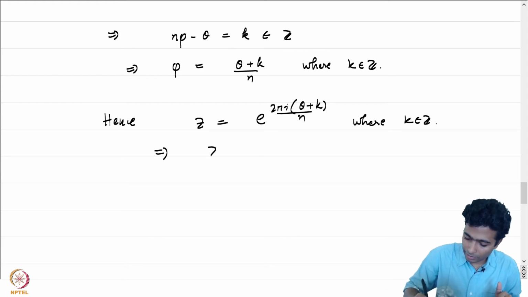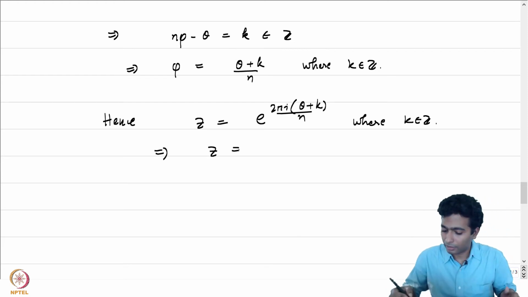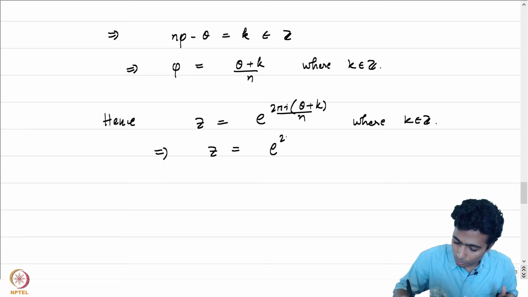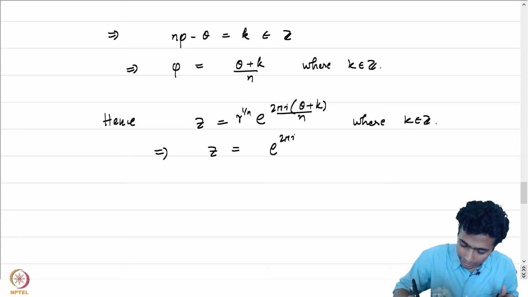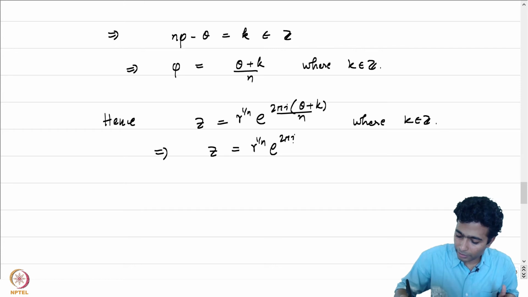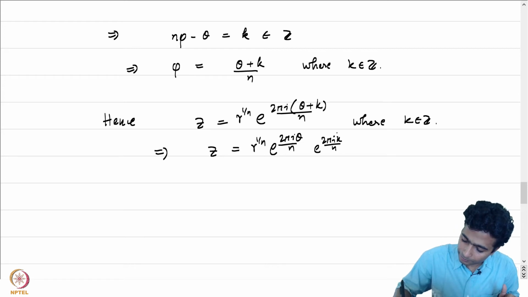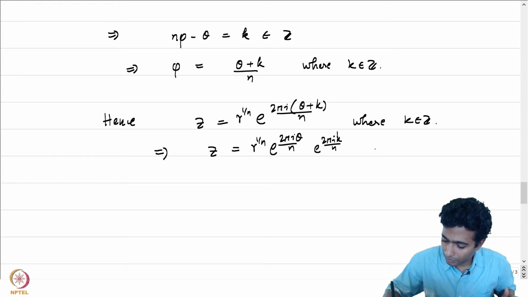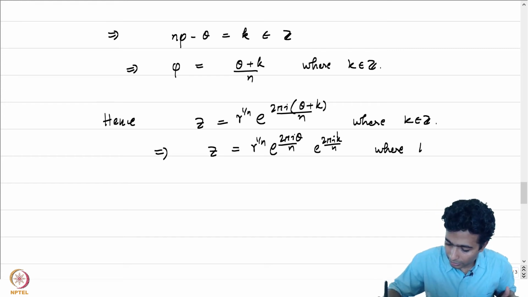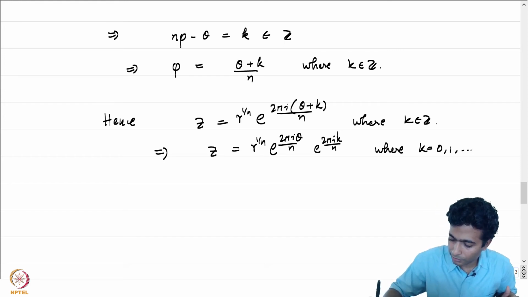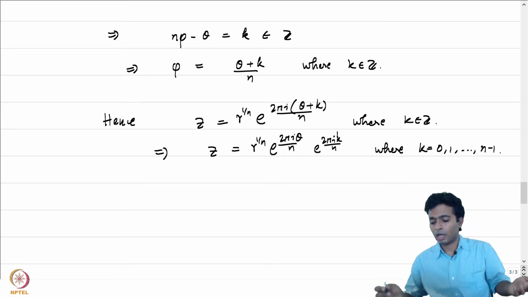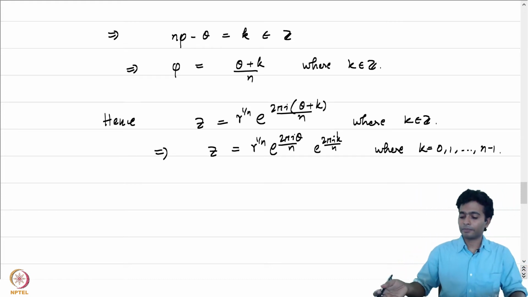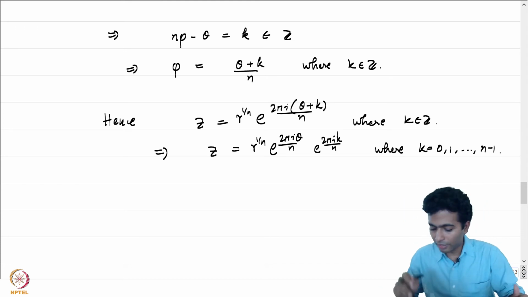Simplifying, this is r to the power 1 by n times e to the power 2 pi i theta by n times e to the power 2 pi i k by n. Notice that again, k is now ranging from 0 to n minus 1, because other values of k will coincide with one of the n values given here.